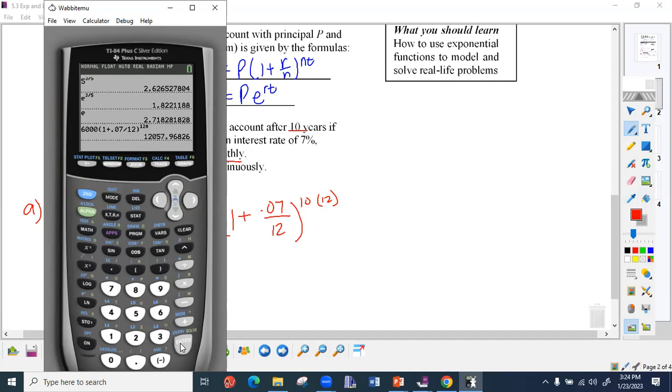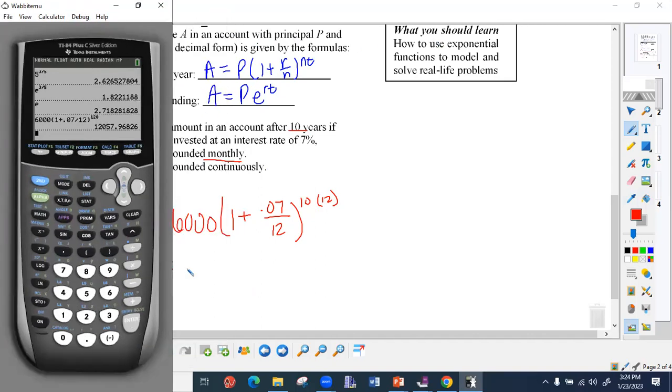And you should have gotten $12,057.97. How you put it in matters. Okay, so we have 12,057.97.